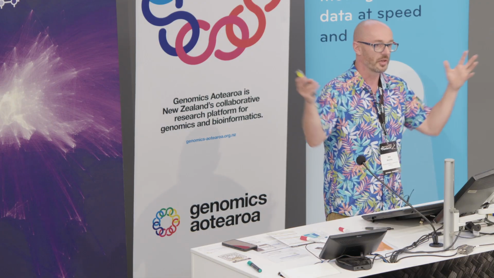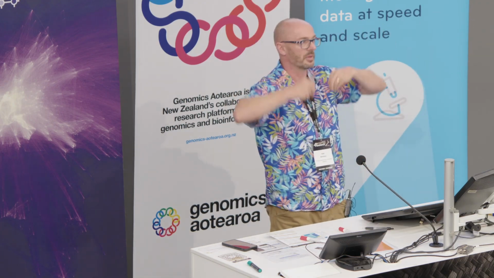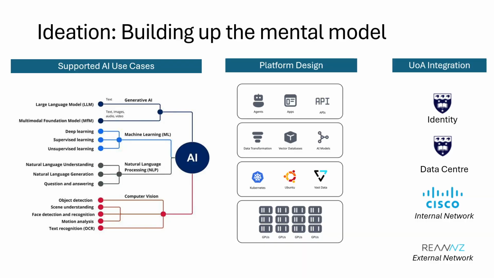So if we start to go, oh, we've got all this information, we're going to start building a mental model for what this looks like. Yes, we've got a whole bunch of different types of AI. Yes, that's the end state of people we're going to serve. And obviously Gen AI is rising as an ever-present new capability that could be transformational for almost all research areas.